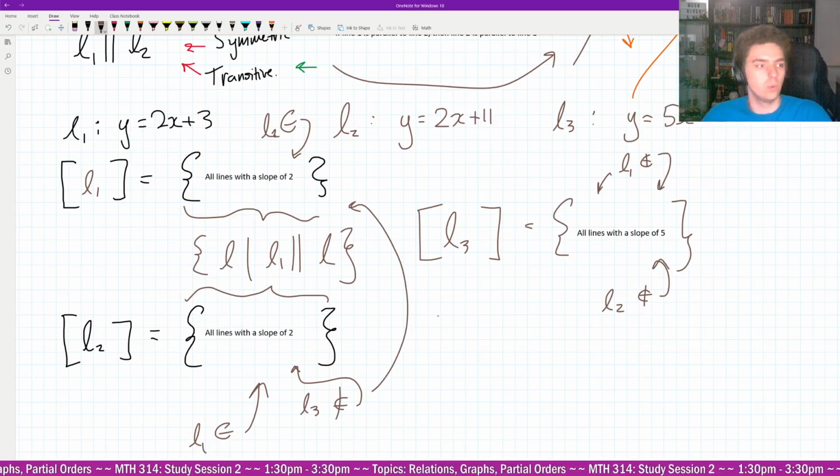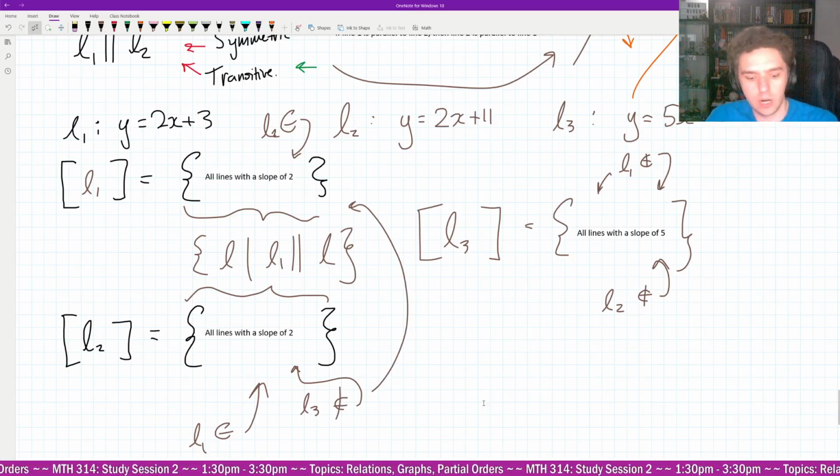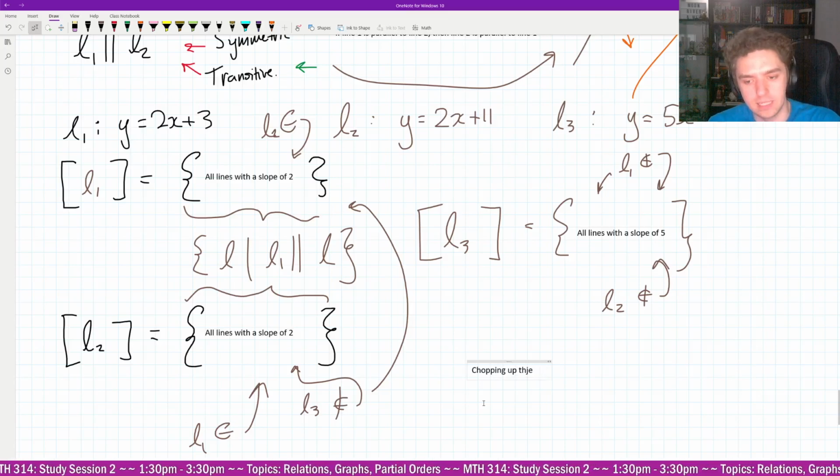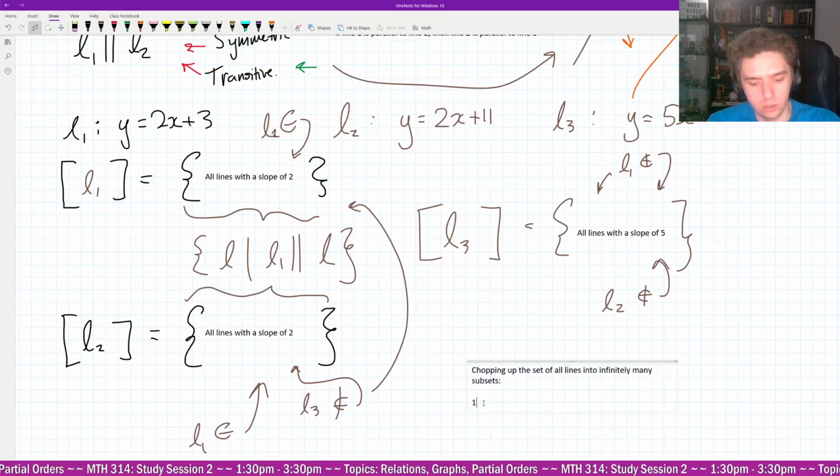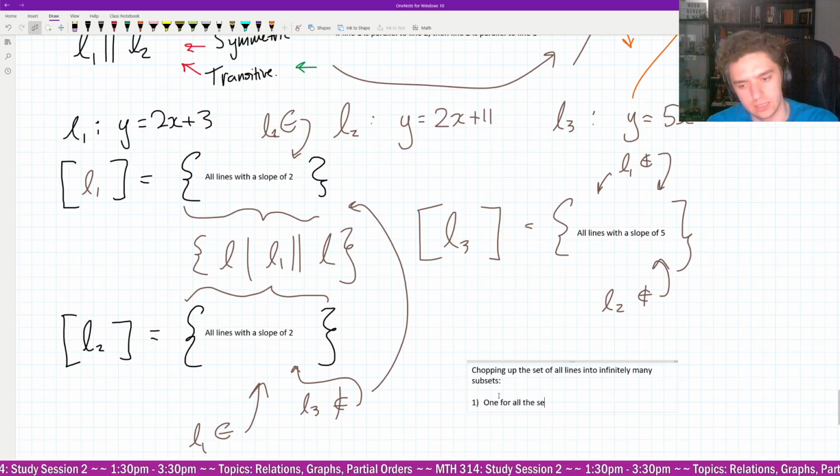So what we're essentially doing is chopping up the set of all lines into infinitely many subsets.